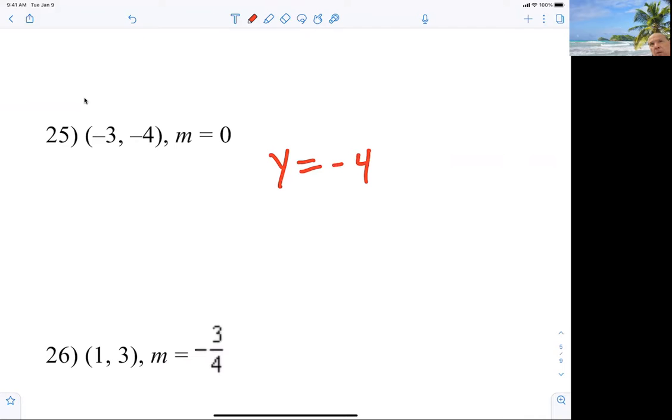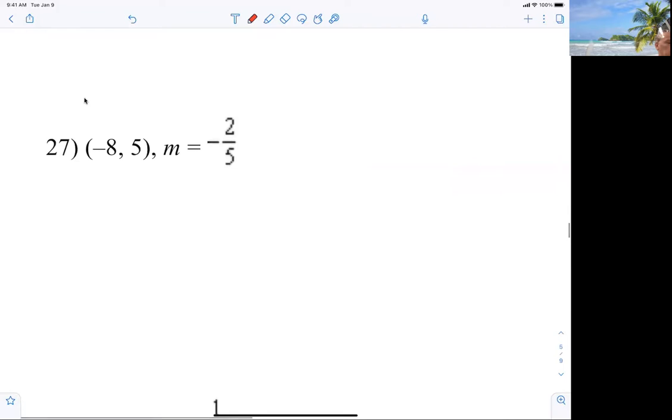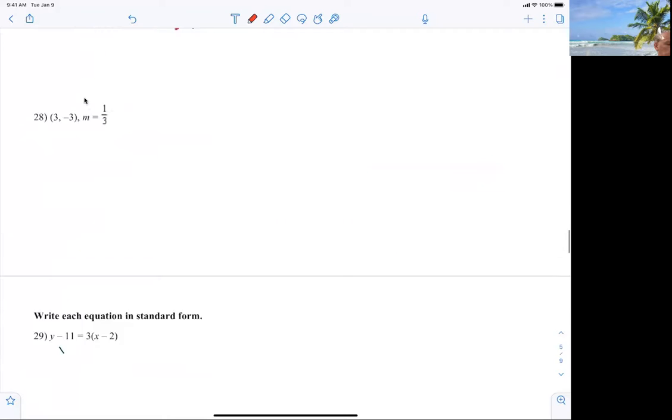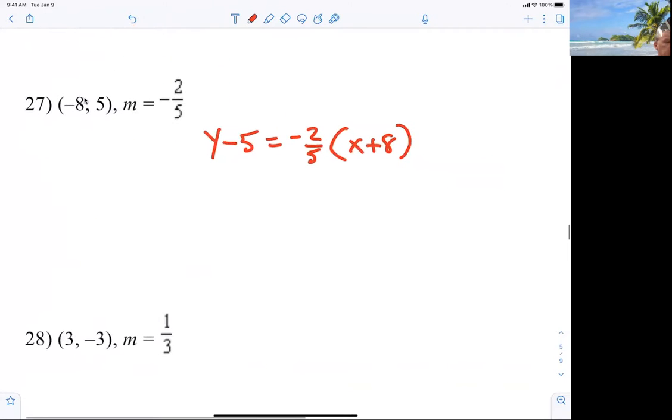Whenever the slope is 0, it's just y equals whatever the y value is. All right, 27. What do we got? Beautiful. All right, anybody have any questions with point slope?